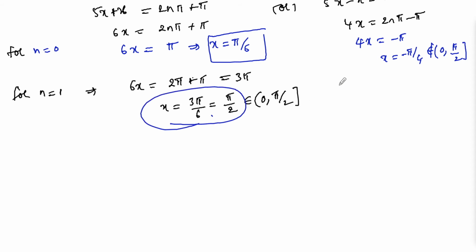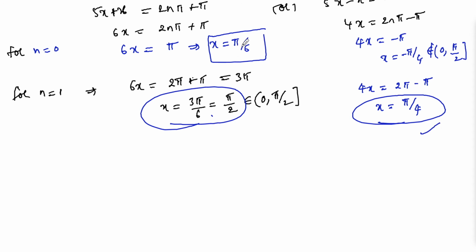Then next, similarly for n is equal to 1, if I substitute here, 4x is equal to 2 pi minus pi, so that x is equal to pi by 4. So pi by 4 belongs to 0 to pi by 2, we can consider.